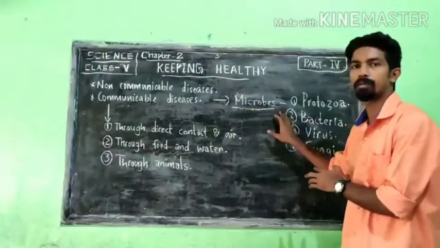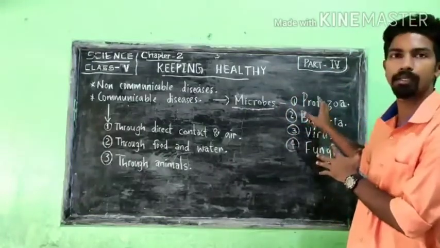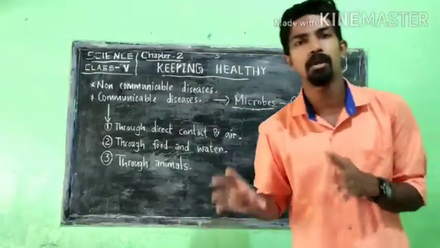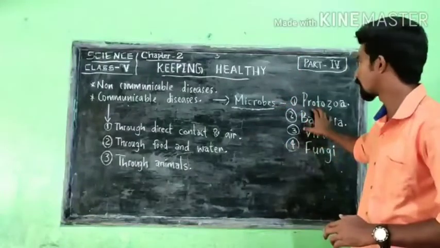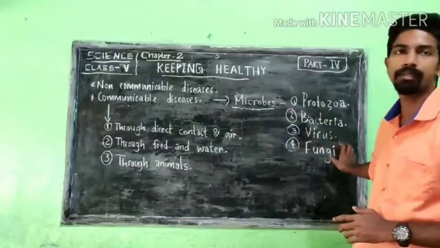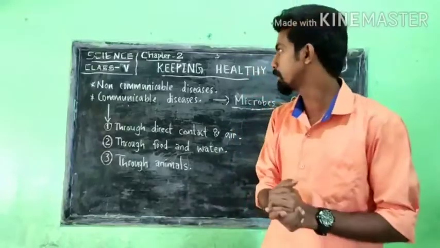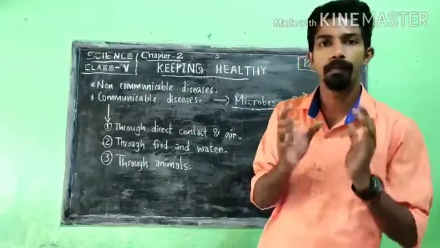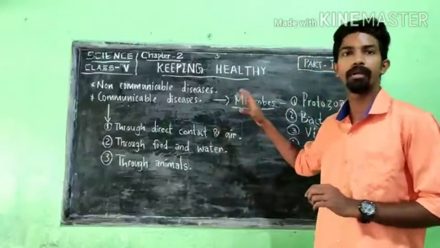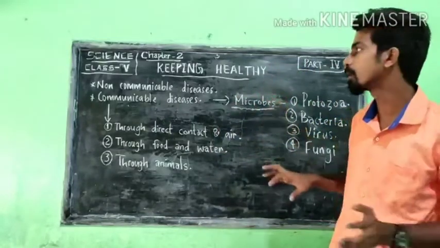Four different types of microbes are there, which spread different types of diseases: protozoa, bacteria, virus, and fungi. Those are the important microbes which spread different types of dangerous diseases in our society.